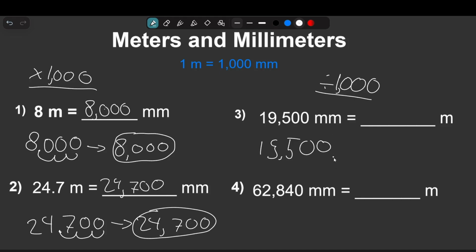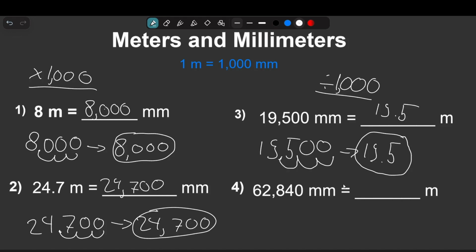Our decimal is here, and we go 1, 2, and 3. Now we rewrite our answer. We have 19, then our decimal, 0.5. You can leave out any zeros at the end to the right of the decimal, because these don't have any value. So 19.5 meters is our final answer.